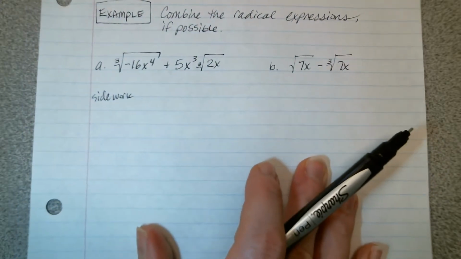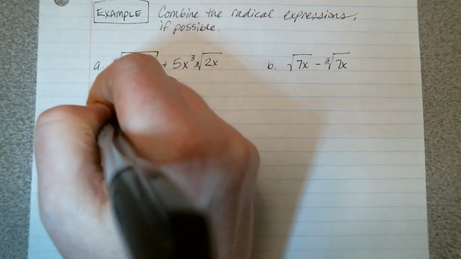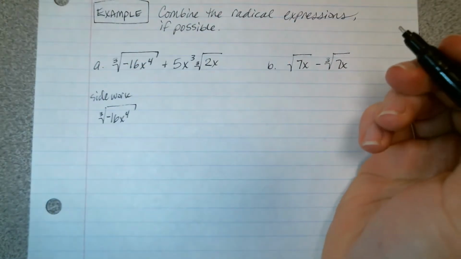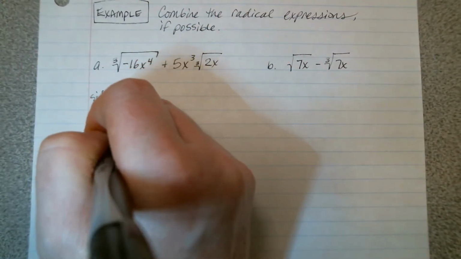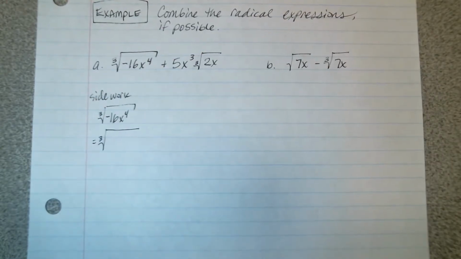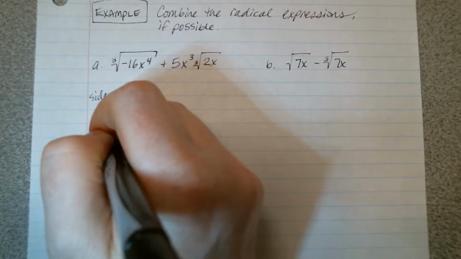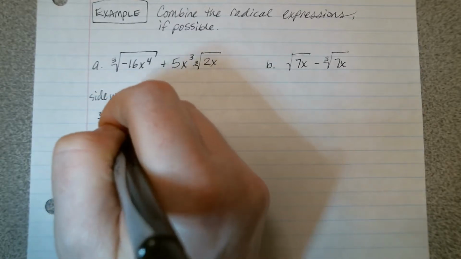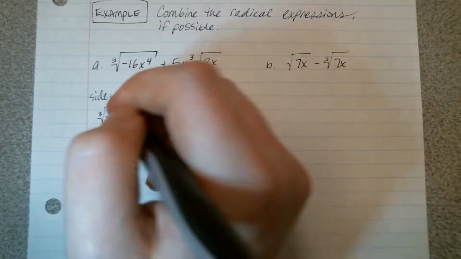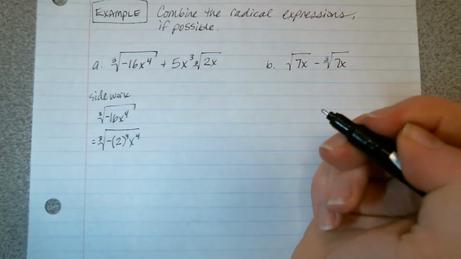So the cube root of negative 16x to the fourth, well, that is, let's see, negative 16 is the negative of 2 to the fourth power, and I have x to the fourth.